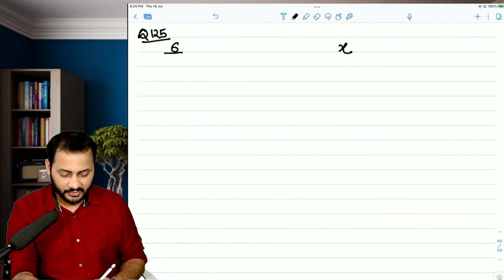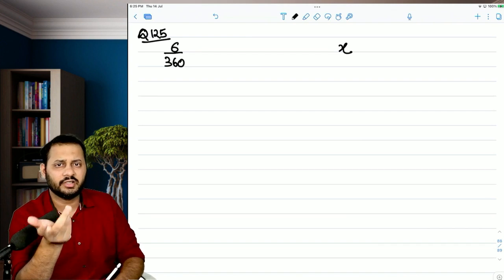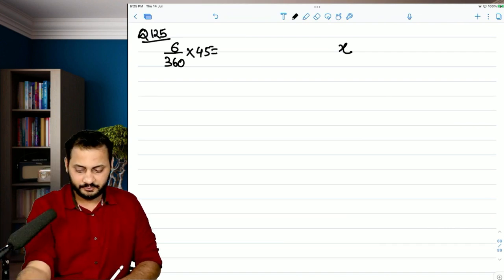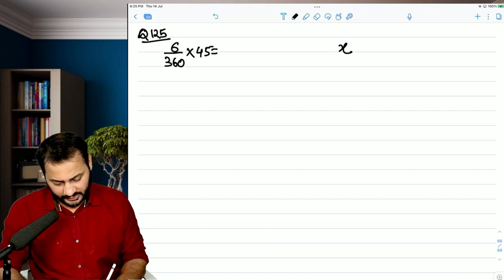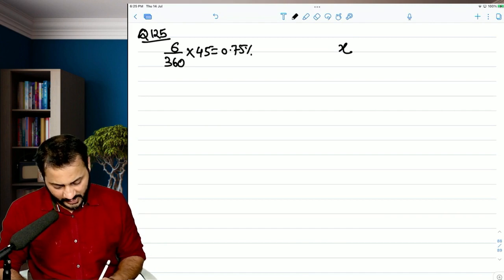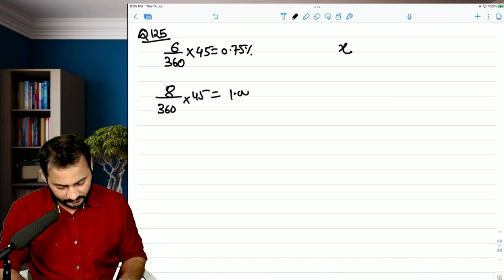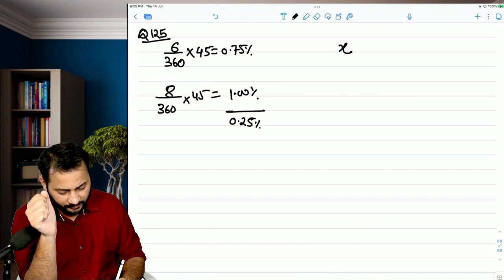Let's take 6% as the per annum rate, and if we take 360 days in a year, for the sake of simplicity, otherwise you can take 365 also, and you convert it into 45 days, the rate will be 6 divided by 360 into 45. The rate is 0.75%. And if it goes to 8%, the 45 days rate will be 1%. So you can clearly see there is a difference of 0.25%.